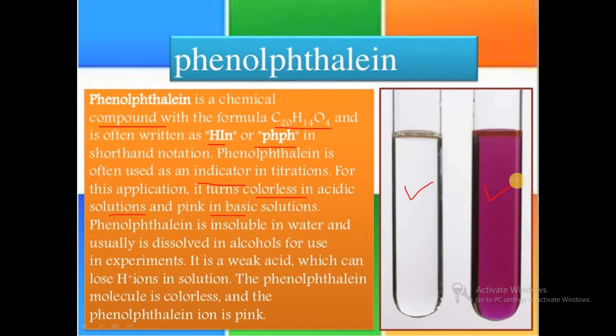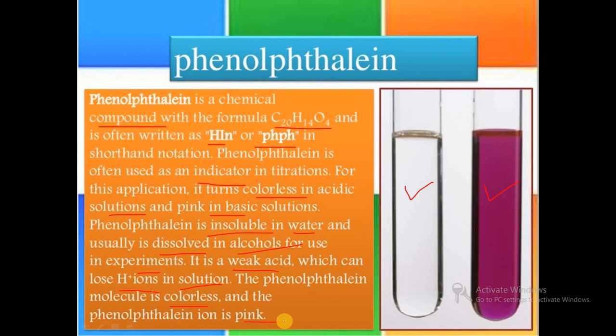titration tube. Phenolphthalein is insoluble in water and usually is dissolved in alcohols for use in experiments. It is a weak acid which can lose H plus ions in solution. The phenolphthalein molecule is colorless and the phenolphthalein ion is pink.